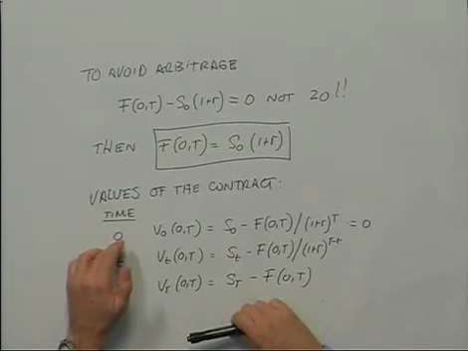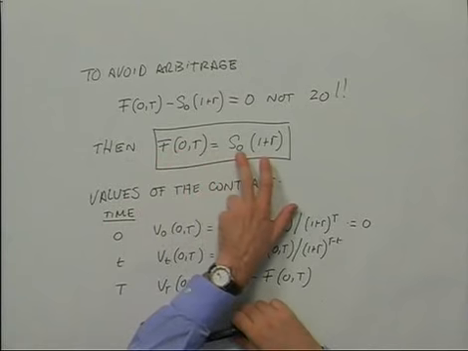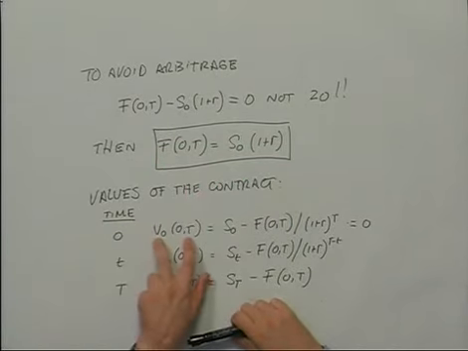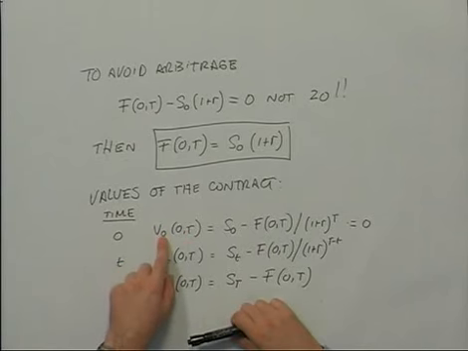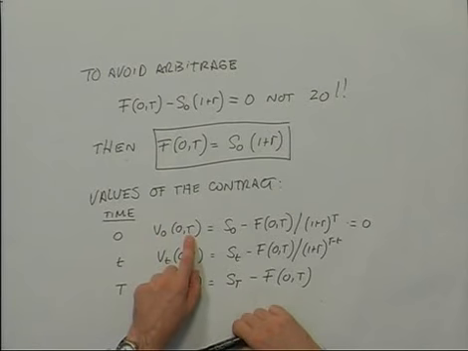Now, let's talk about the values of this contract over its life. At time 0, if we set the forward price such that it is equal to the cash price plus the cost to carry, the value of this contract, denoted as V sub 0(0, T), should be equal to 0.